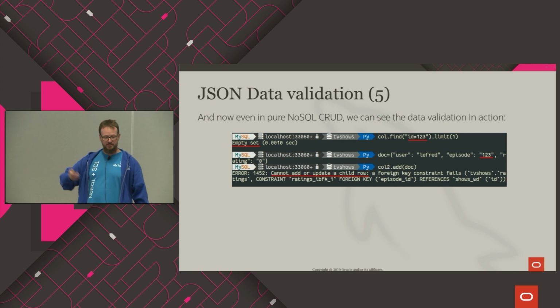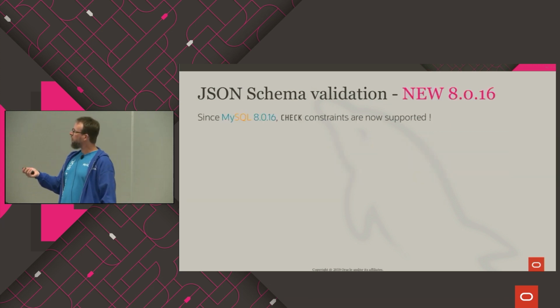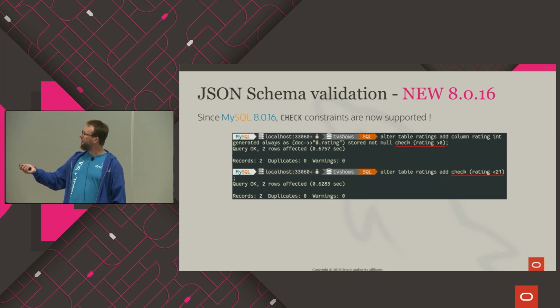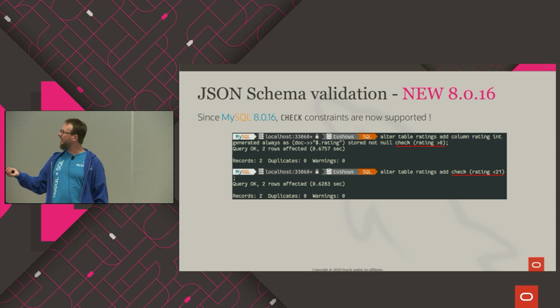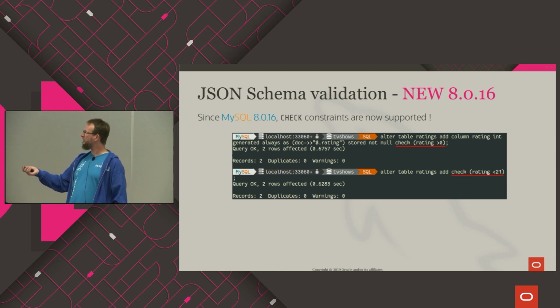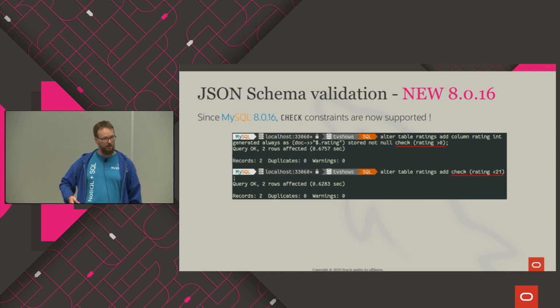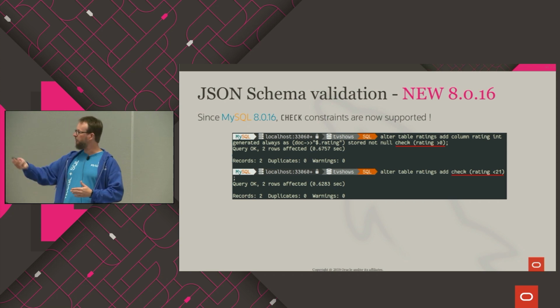But we have even more since 8.0.16, so we can do check constraints that are supported. So here, for example, I say, okay, the rating has to be bigger than 0. And I can also add another one and say, oh, the rating has to be less than 21. So I want a rating from 1 to 20.